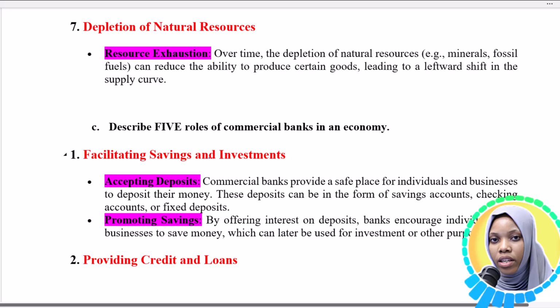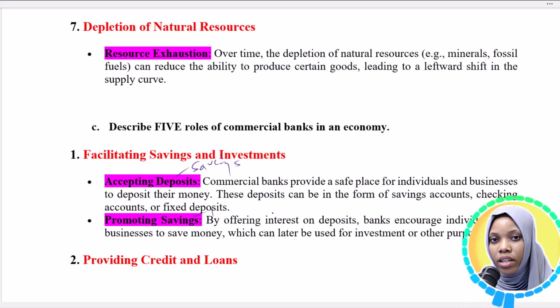Number 1 is facilitating savings and investments by accepting deposits and promoting savings. So this is savings and this is investments. The commercial banks provide a safe place for individuals and businesses to deposit their money.